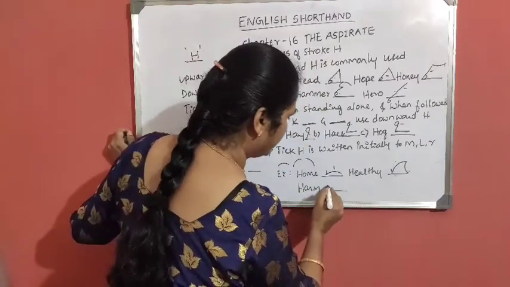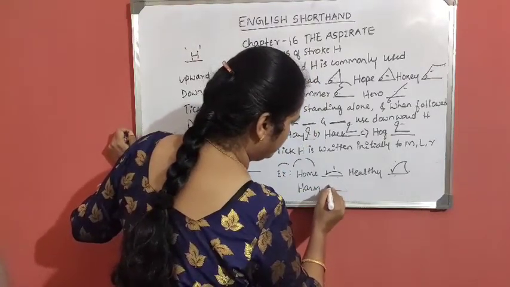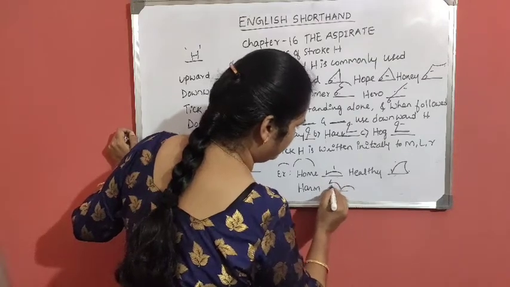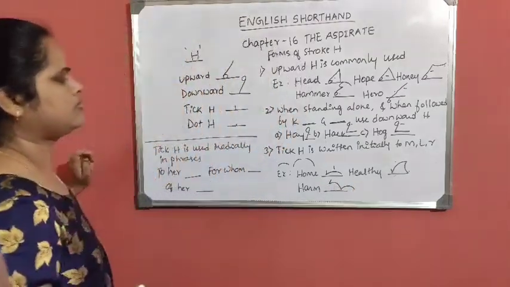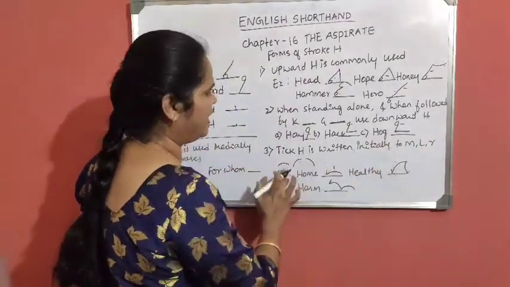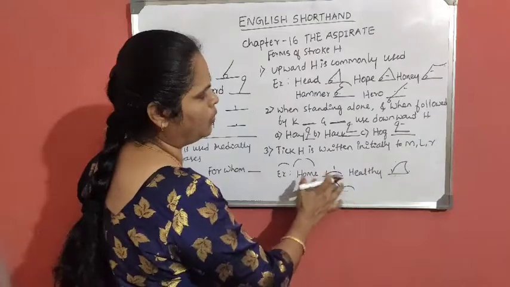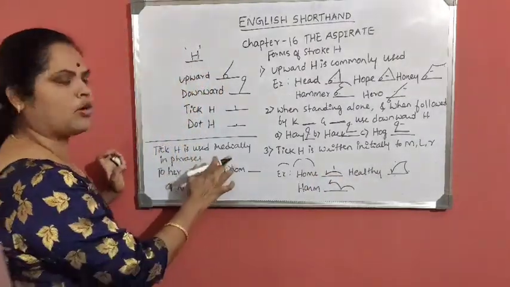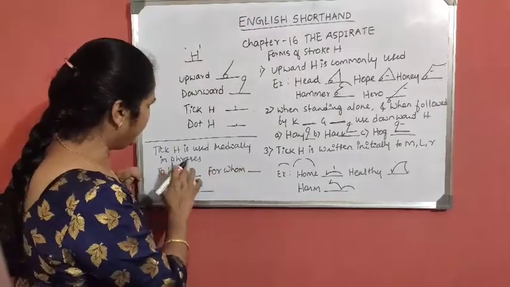Then harm, tick H, R, M, harm. Tick H is used initially to M, L, R. Example, home, healthy, harm. Then tick H is also used medially in phrases.